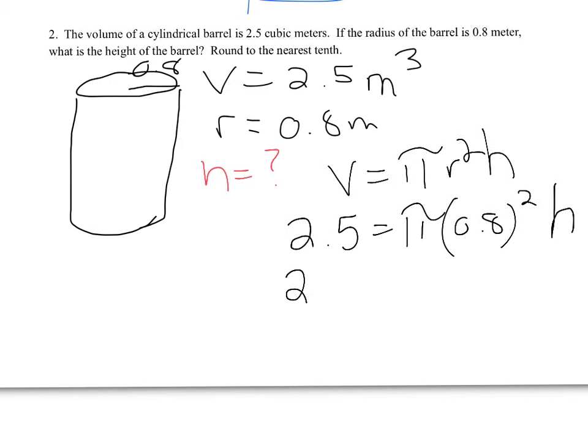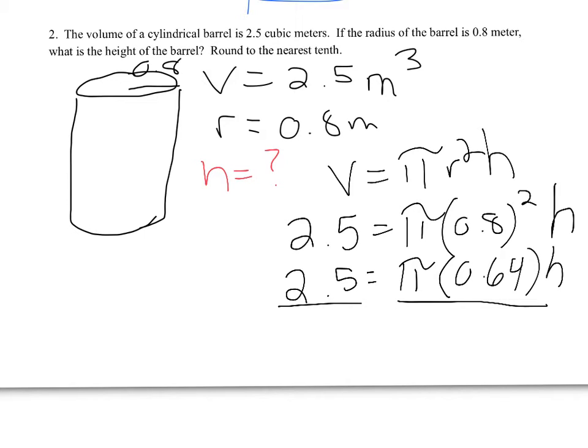Alright, so when I plug this into my calculator, I just bring down my 2.5. My pi I'm going to leave there. 0.8 squared is really 0.64 times height.